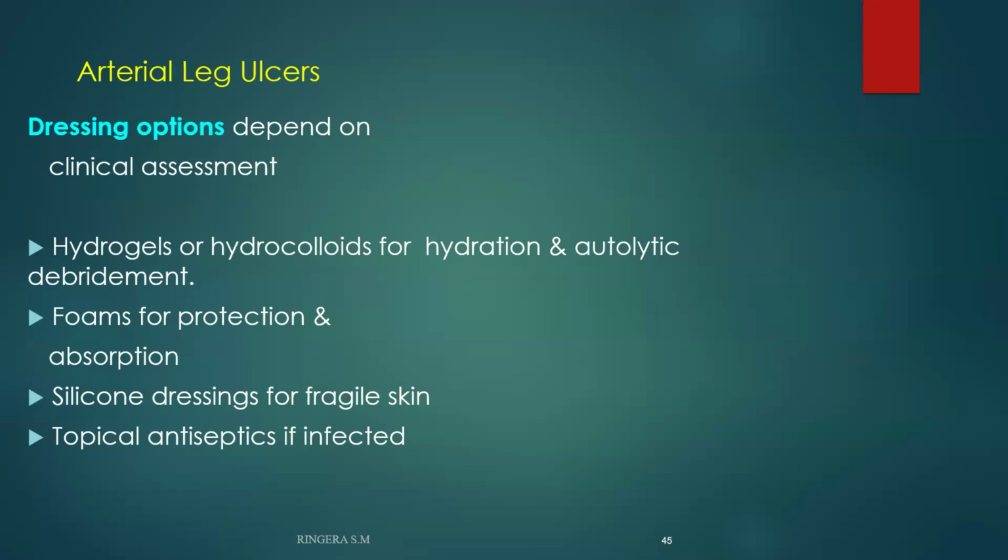So you may need to choose whether you do a biosurgical debridement, an autolytic debridement, or an enzymatic debridement using enzymes, depending on whether the patient can afford that or not, or possibly even a surgical debridement if the patient has the financial support, because surgical debridement is quite expensive.